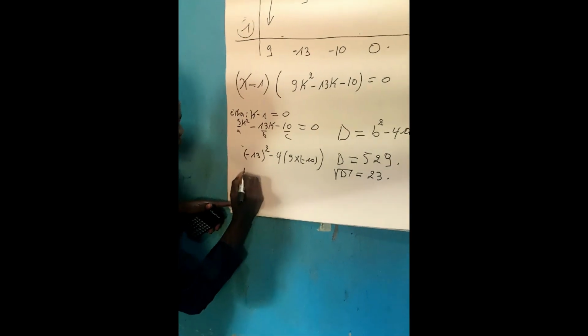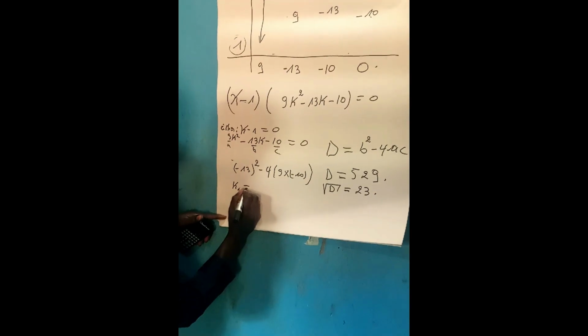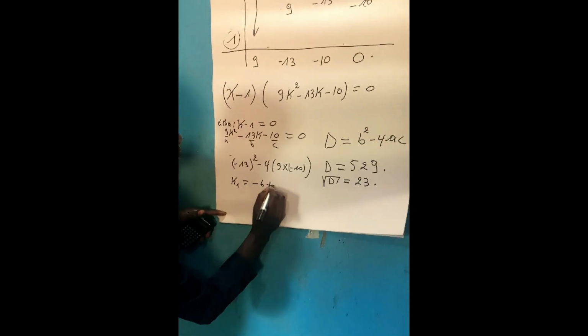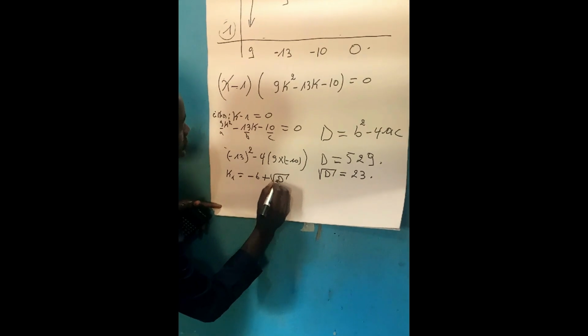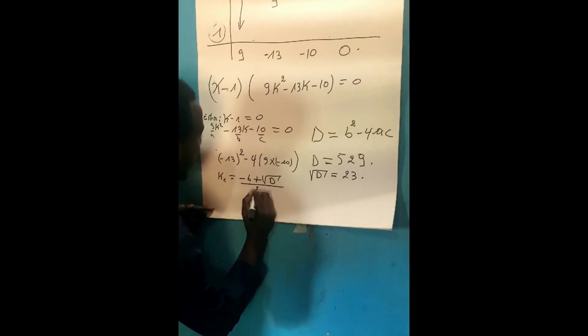Now we find K1, which is equal to minus B plus square root of delta over 2A.